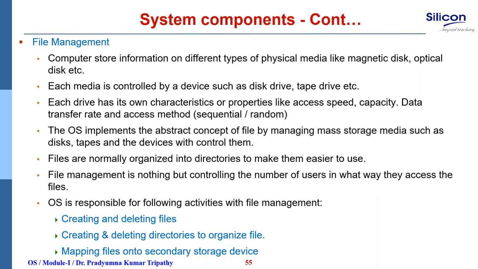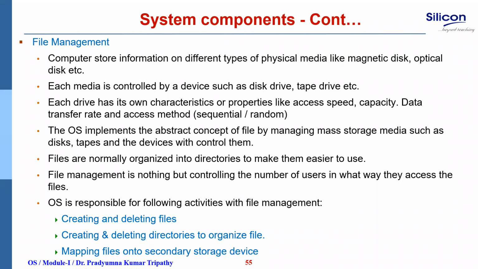Mapping files onto secondary storage devices. The files which you have created in memory, how can they be stored in the secondary storage device? We know that secondary storage devices are different in nature and have different characteristics. So how will this file be mapped onto the secondary storage device, and whenever required, when you read it, how will it be read and come back to memory?